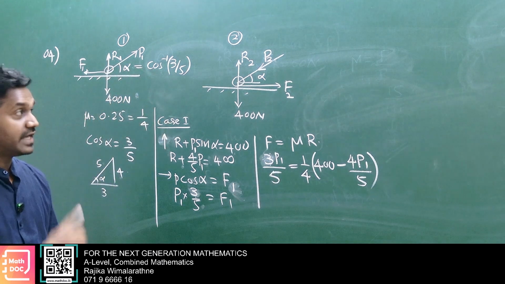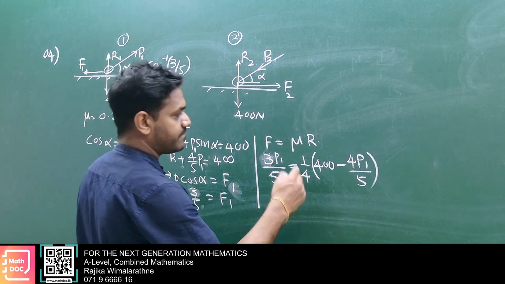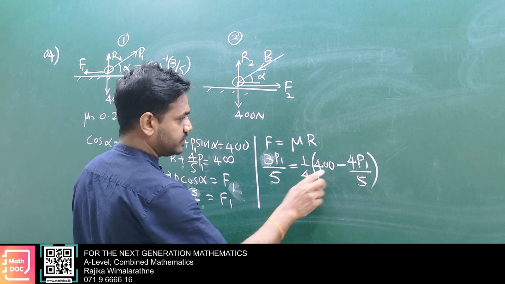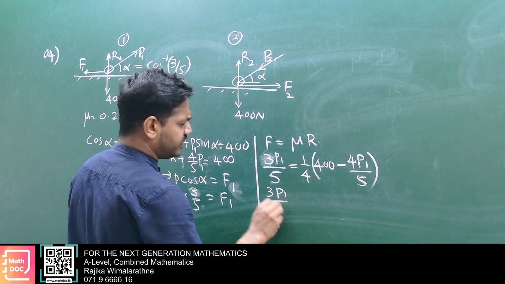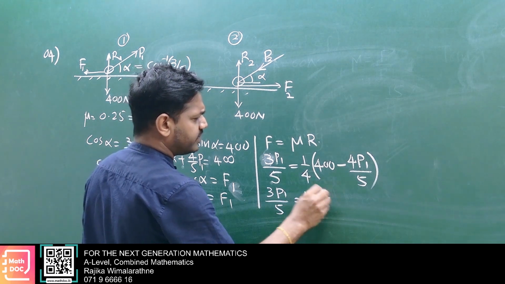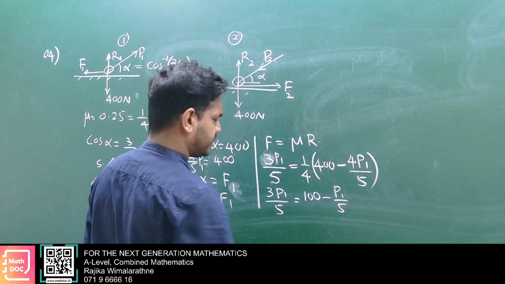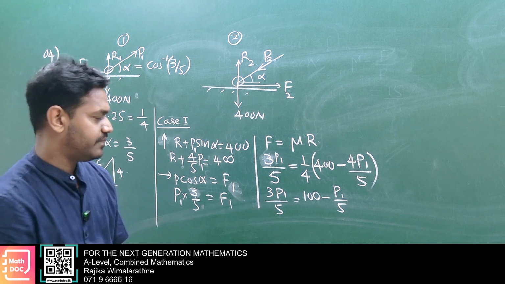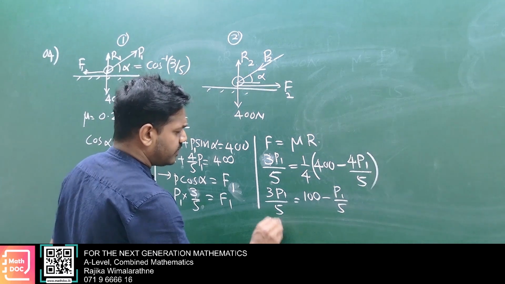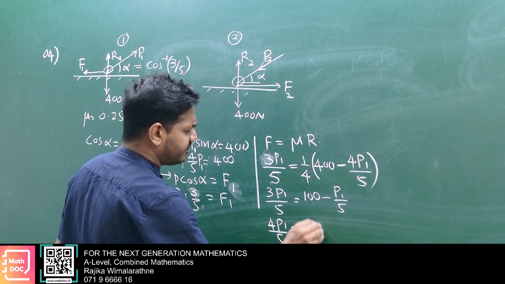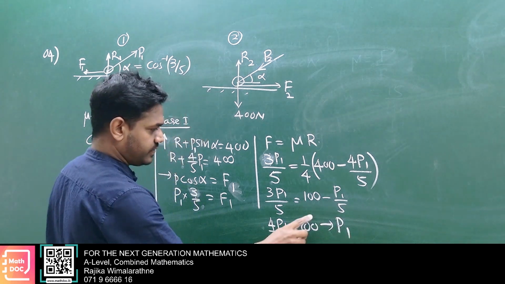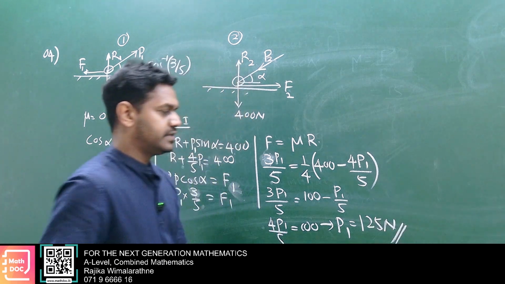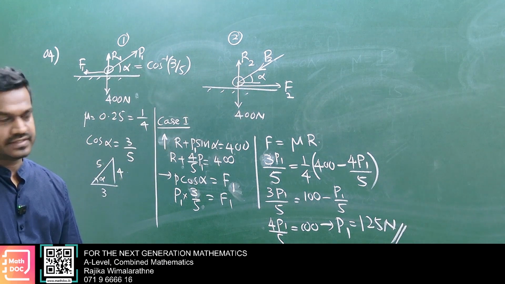Simplify this: 3P1/5 equals 100 minus P1/5. Then you put this together: 4P1/5 equals 100. Then P1 value is 25 times 5, 125. Now the force is 125 Newtons.